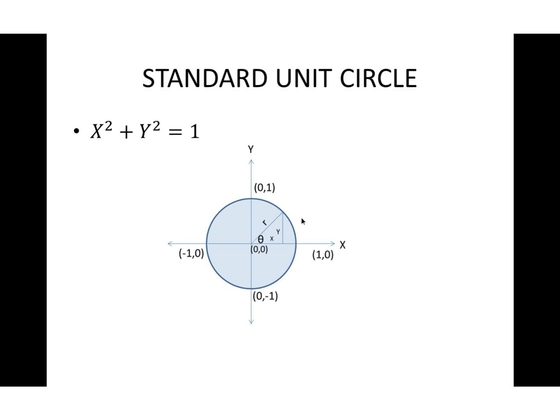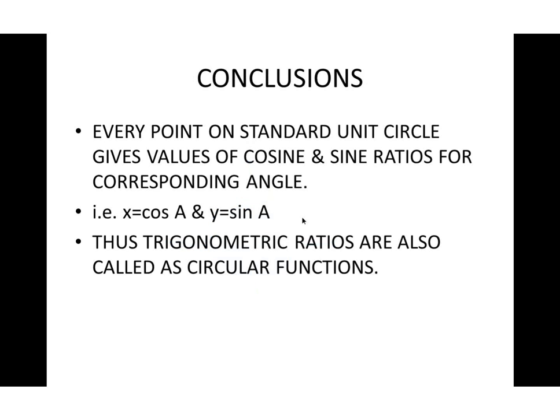Now this is in the conic section part, but this is necessary to derive trigonometric identities, which we will talk about in the upcoming slides. Okay, so I hope you get this standard unit circle. We will see all the important conclusions that come from this in the upcoming slides.